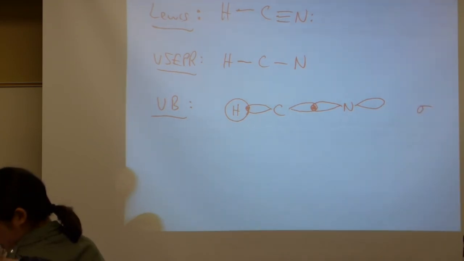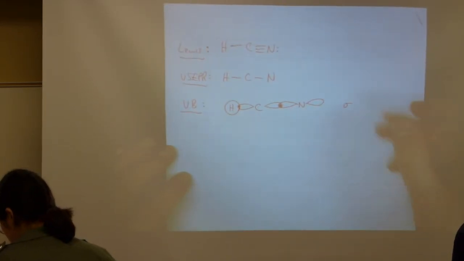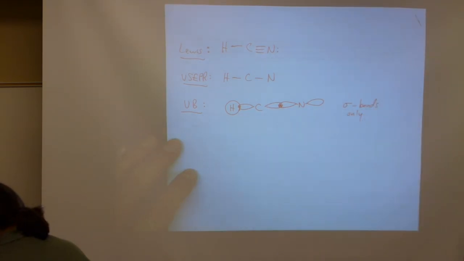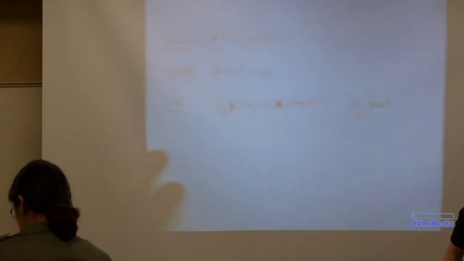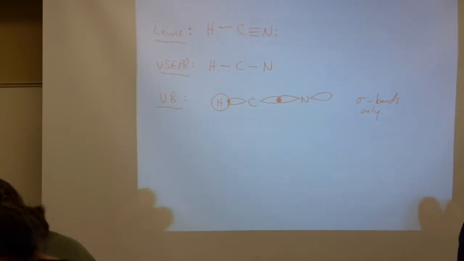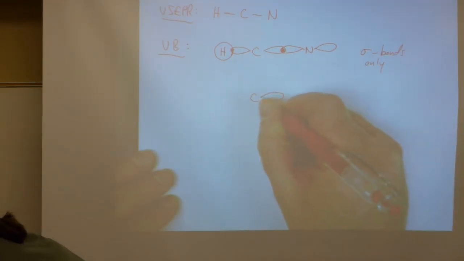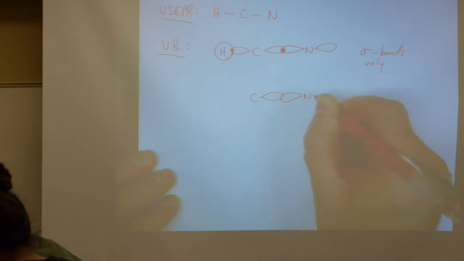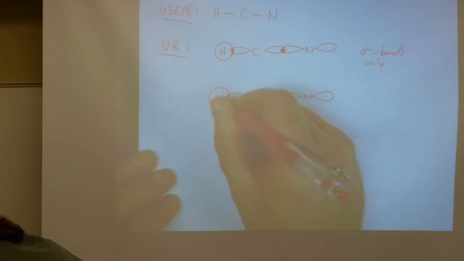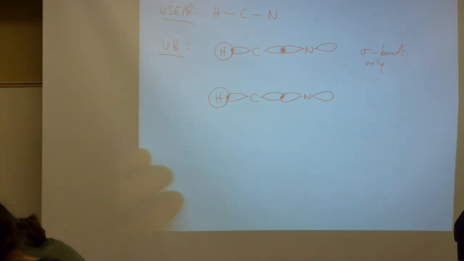So I'm going to write here, zoom out a bit here. So this is sigma bonds only. But to complete the picture, now I'm going to add 2 pi bonds.